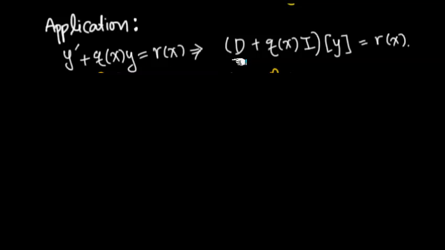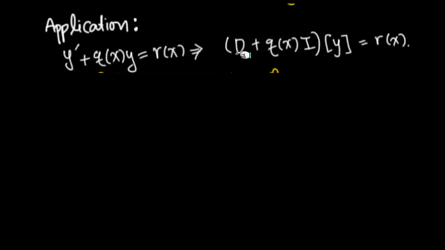Now we have a fancy version: an operator, D plus q(x)I, as a single operator with this name, operating on the unknown function y, becomes r(x). What I was saying is that if I can find an operator that annihilates this one, a so-called inverse operator, then maybe y is going to be isolated here, and the right-hand side is going to be the answer.